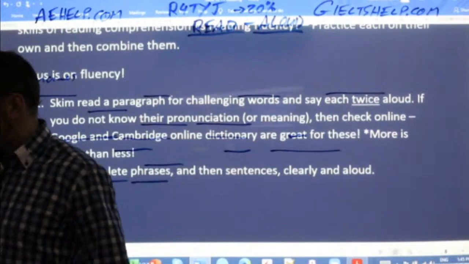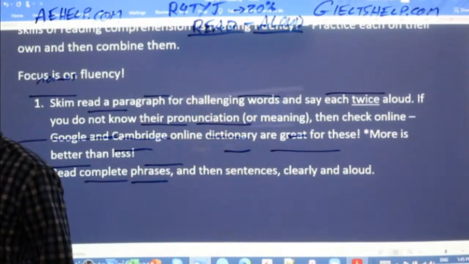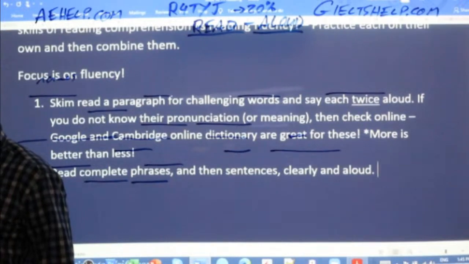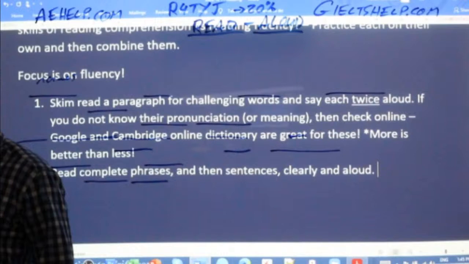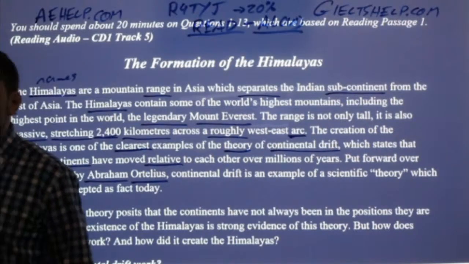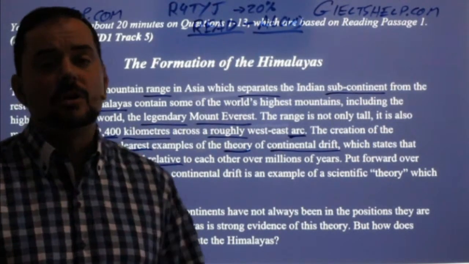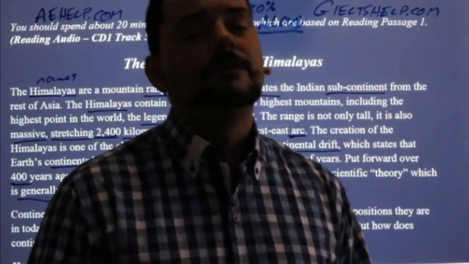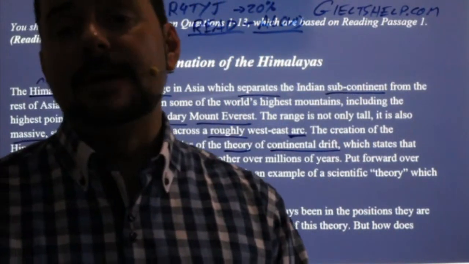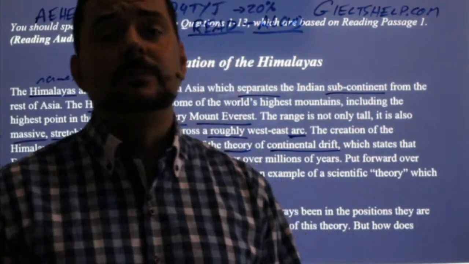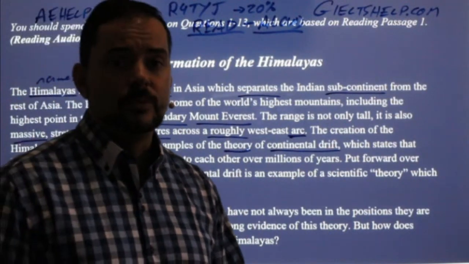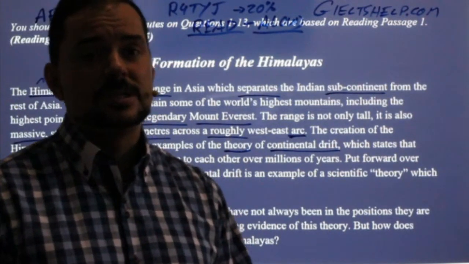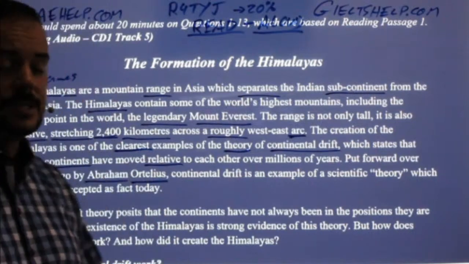So it seems like a tedious task, and you don't have to do this all the time, but just doing it once or twice with one passage per week will really help to improve your fluency. Students who have followed my advice on this, many of them have sent me emails or have come back to me and said, hey, Adrian, wow, I literally improved my reading speed by like 30-40% over a month, 6 weeks.